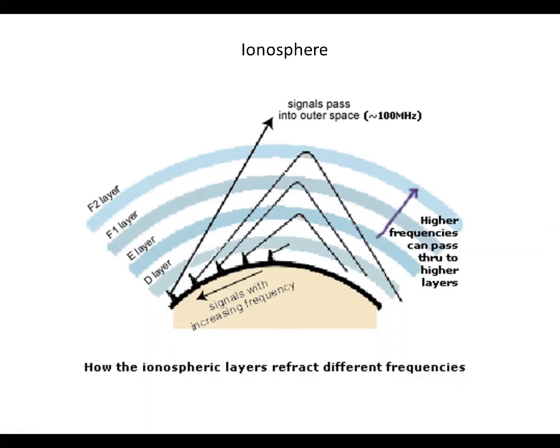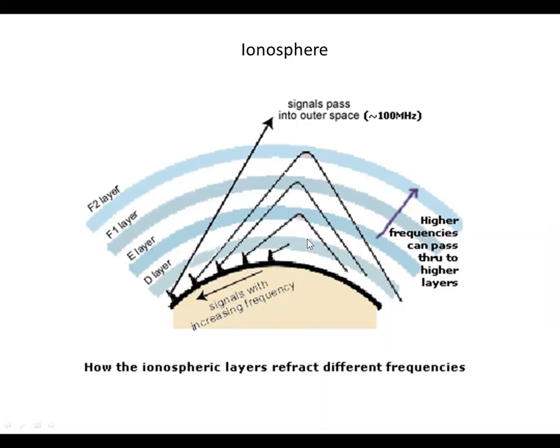So if we take a look at how the various layers impact the propagation of radio waves, this graphic here kind of shows a tower with frequencies that increase as we go to the left, so that at a fairly low frequency, the propagated electromagnetic energy is absorbed entirely by the D layer.